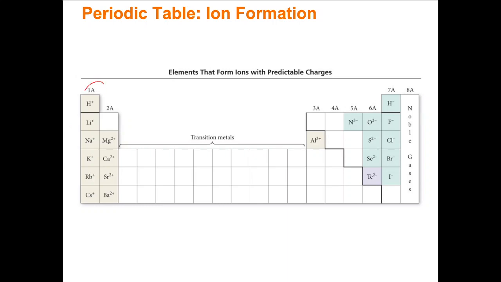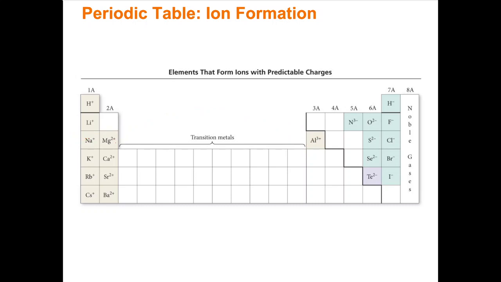As I move one more step in this direction, now I have to lose 1 electron, 2 electrons, then I become more like a noble gas. So that's why I become 2+ here, but only 1+ here. And that's the same for everything. If I jump over here to aluminum, I would have to lose 1 electron, 2 electrons, 3 electrons, then I become more like a noble gas. So you notice that it's 3+.